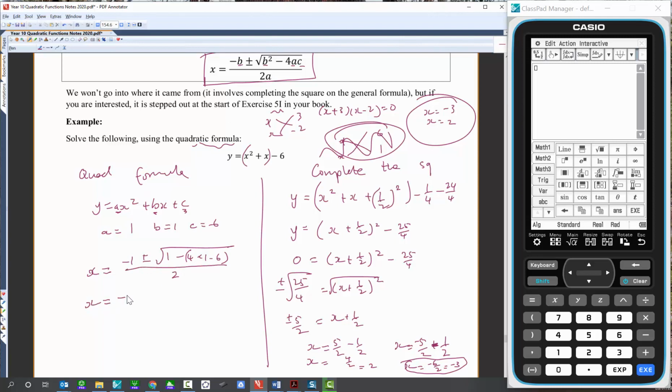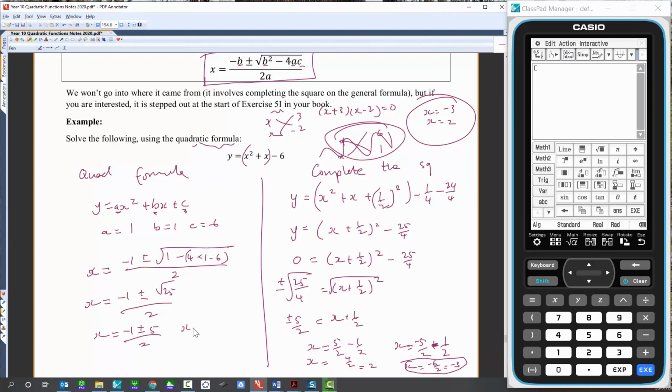X is equal to -1 plus or minus the square root of, we've got 4 times 1 is 4, 4 times -6 is -24. We're going to subtract -24, which is 25. That's root 25 on 2. That's x equals -1 plus or minus 5 on 2.